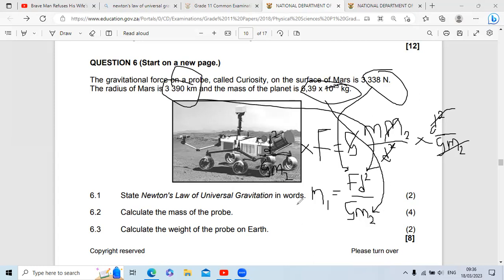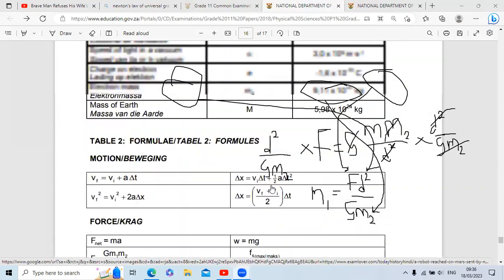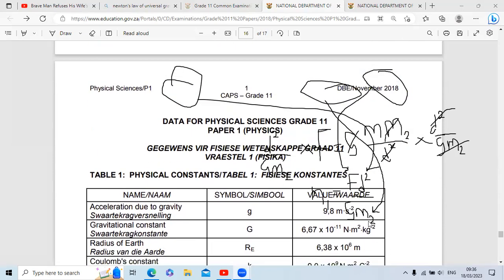And G is given. It's going to be given in your question paper. Here's the value of G, 6.67 times 10 to the exponent -11. So let me just substitute that.